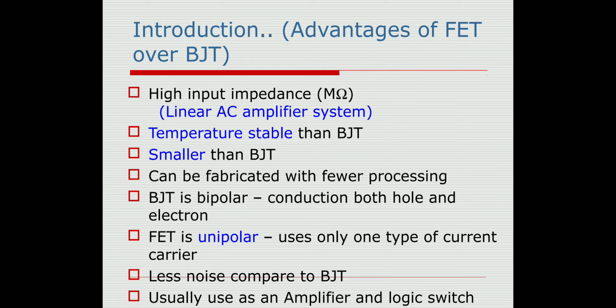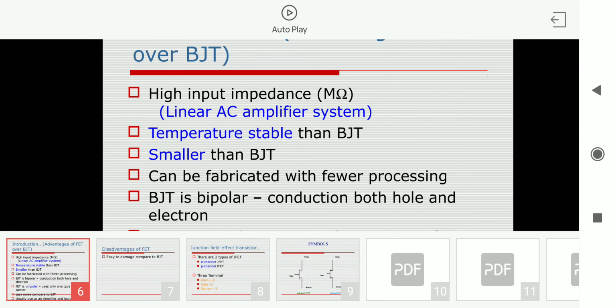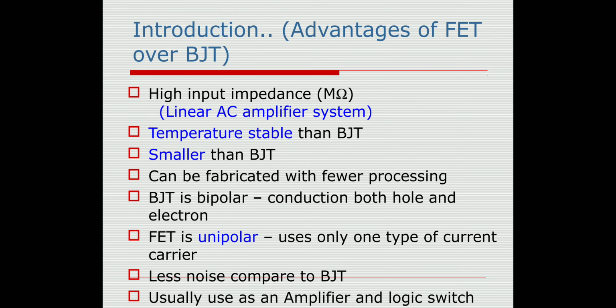Then the second advantage, it is more temperature stable than BJT. The size is smaller than BJT. It can be fabricated with fewer processing steps. BJT is bipolar, meaning it has two charge carriers, electrons and holes. But FET is unipolar, it uses only one type of current carrier.